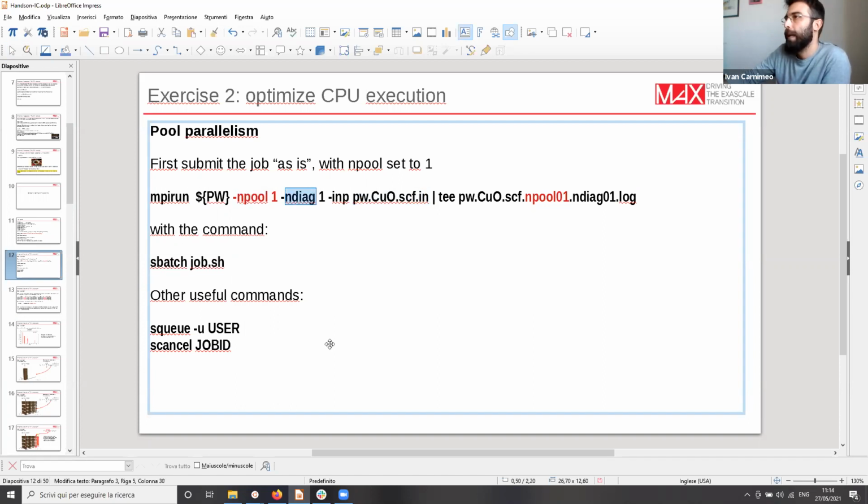If you remember from Pietro's lecture, pool equal to 1 means that we are not exploiting any parallelization over k points. And NDIAG 1 means that we are not distributing the matrix for diagonalization. At the moment, this is our basic job.